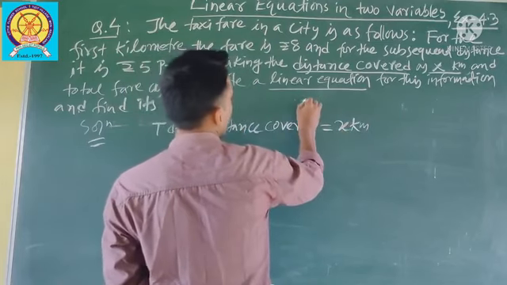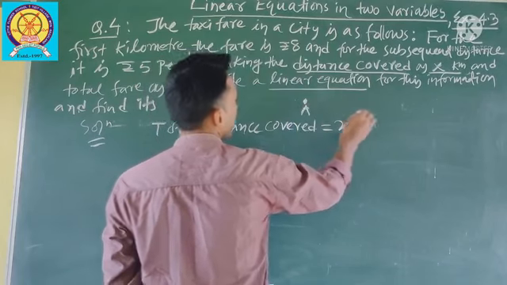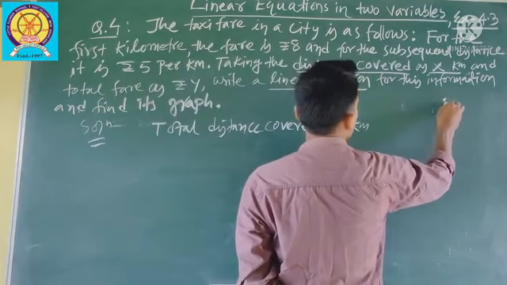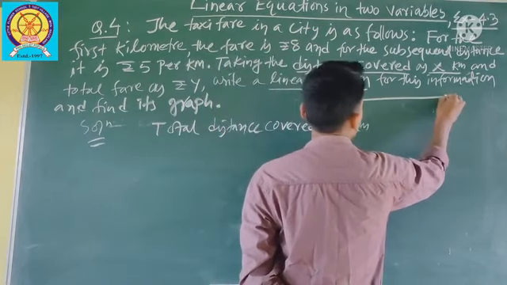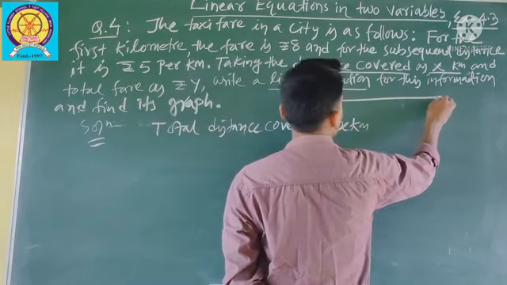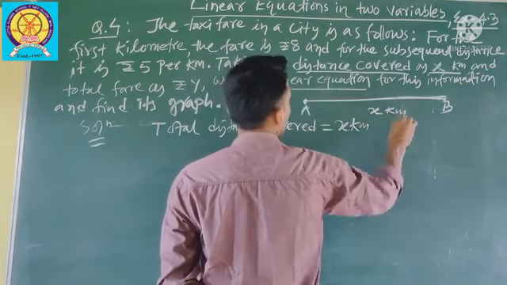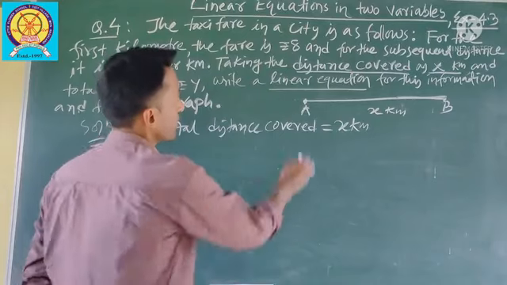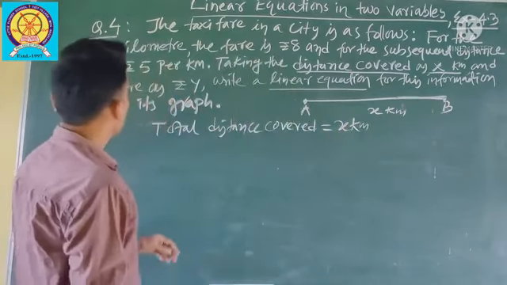For example, from A to B, the total distance is x kilometers. From here to there, the distance given is x kilometers.